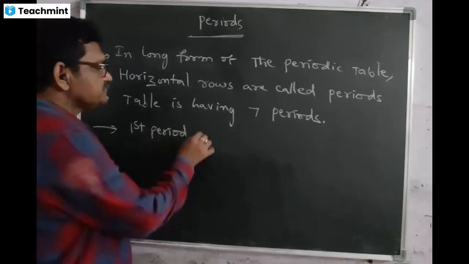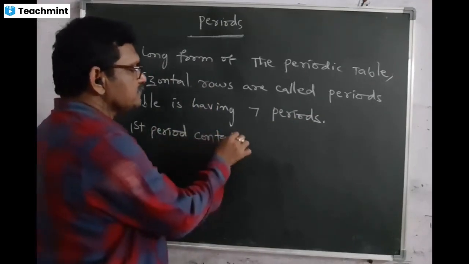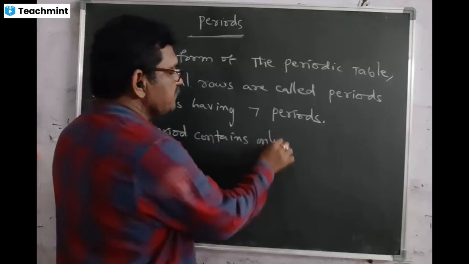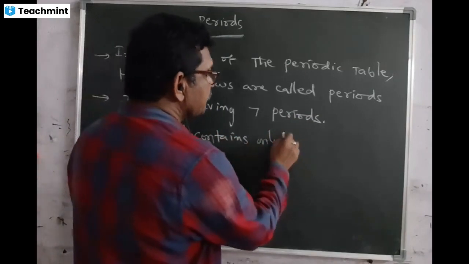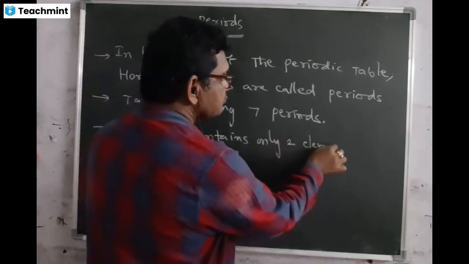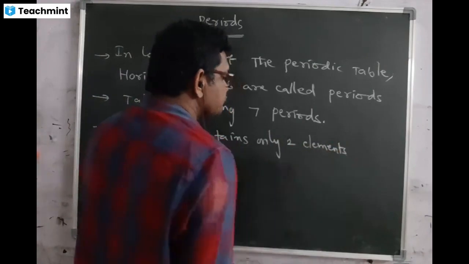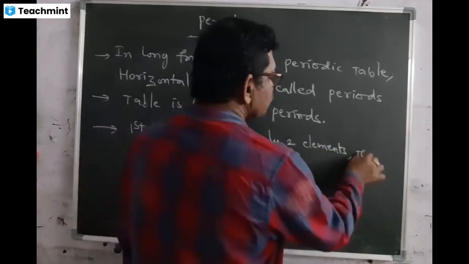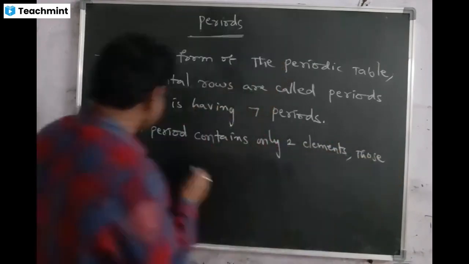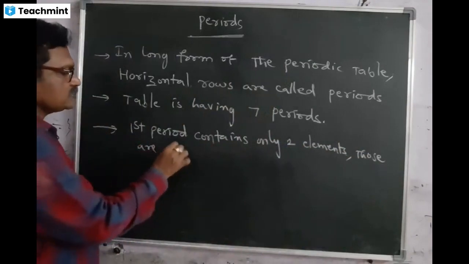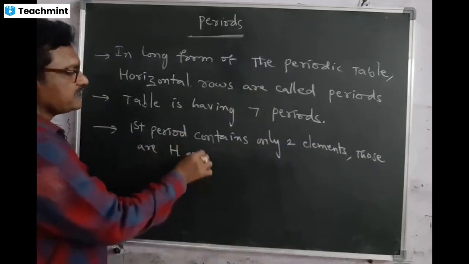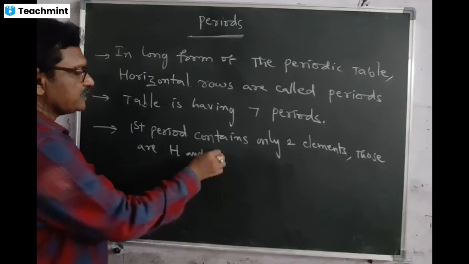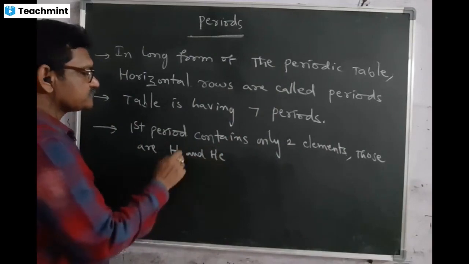The first period contains only two elements, hydrogen and helium.